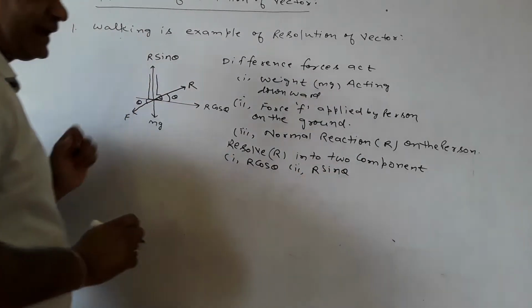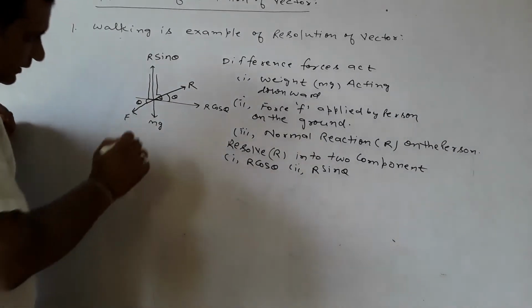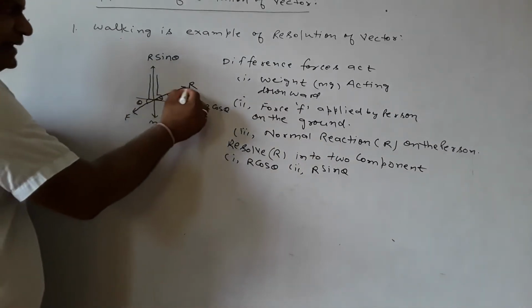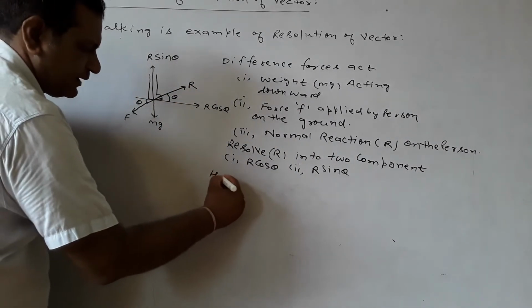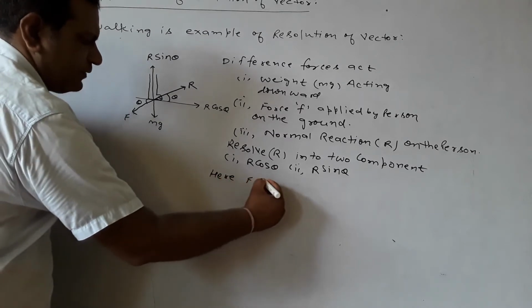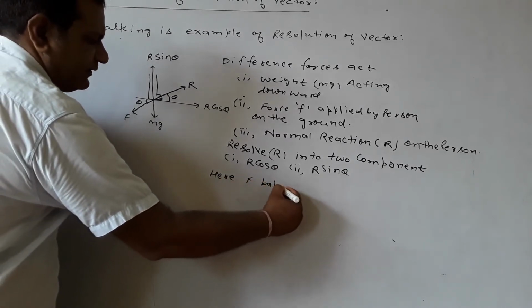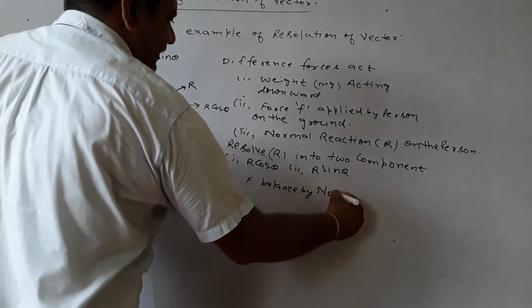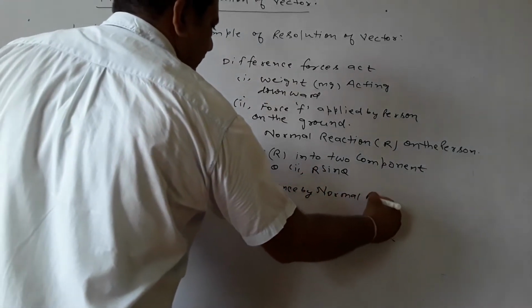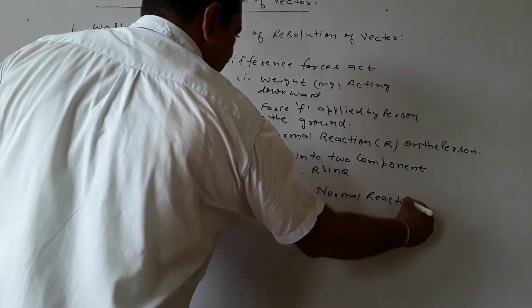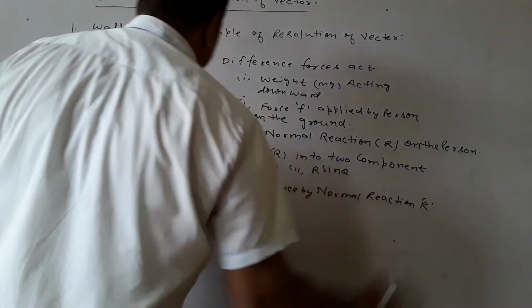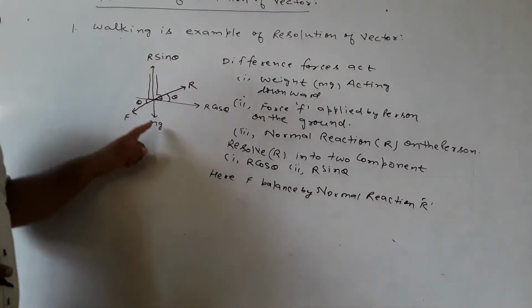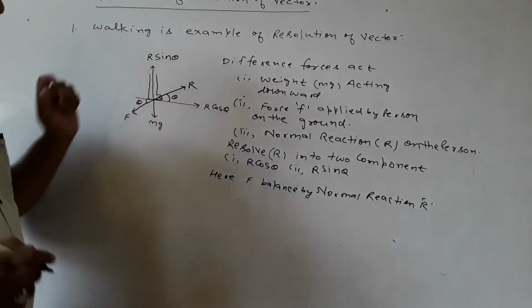Now, according to this diagram, F is balanced by the normal reaction capital R. Second, weight mg is balanced by R sin theta.